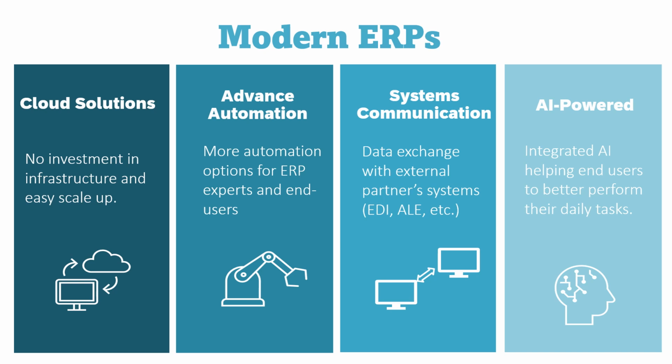The latest generation of ERPs features advanced automation, benefiting both ERP experts and end users with minimal technical skills. This improvement greatly enhances productivity, especially in areas like finance. End users can effortlessly code repetitive journal entries, which the system then posts regularly on a predetermined schedule.